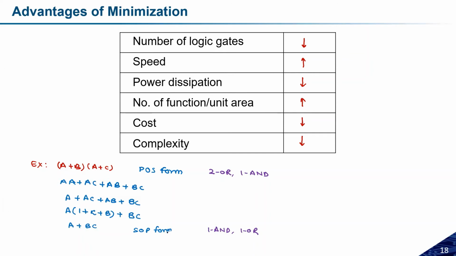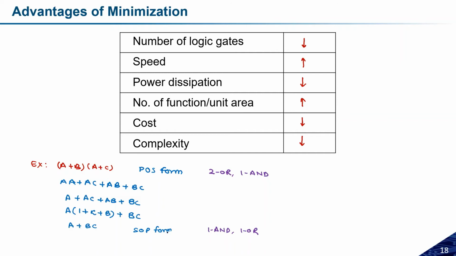This is really very important. Let me repeat it again. Suppose any function is represented in the POS form, and let us assume the gate requirement is more in the POS form. If I convert that POS into SOP, the number of gates required might be reduced.